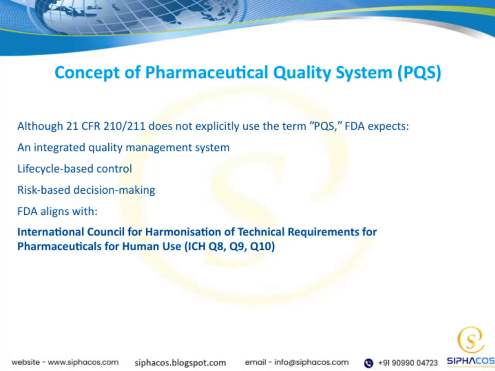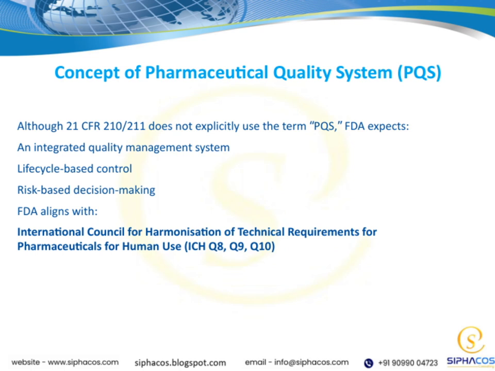Let's talk about the concept of the Pharmaceutical Quality System, or PQS. Even though the regulations under 21 CFR 210 and 211 don't specifically mention the term PQS, the FDA clearly expects a comprehensive approach to quality management. What does that entail?